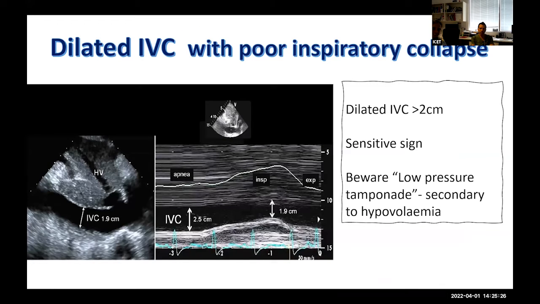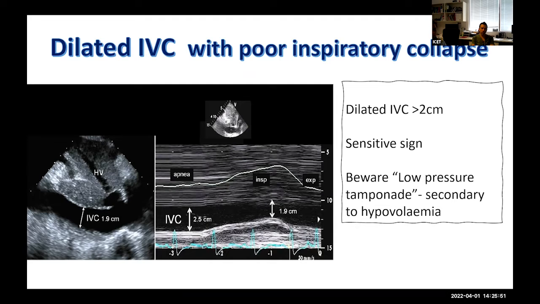Now, when you measure the hepatic vein, venous Doppler, you will often find that the hepatic vein is relatively dilated, which is what you should expect. Your IVC should be dilated more than 2.1 centimetres, and it should drop less than 50% with spontaneous inspiration.